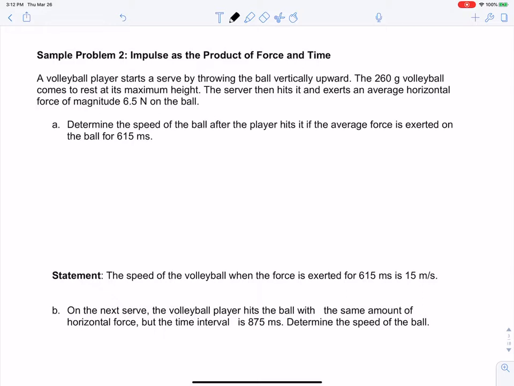So we know that the impulse is equal to the change in momentum. We know that the impulse, therefore, is equal to mv2 minus mv1. We can rearrange this equation for v2. If we divide both sides by m, we end up with v2 is equal to F delta t over m plus v1.